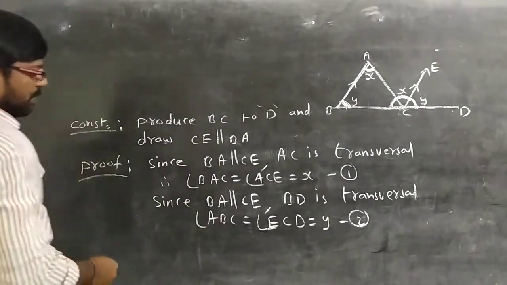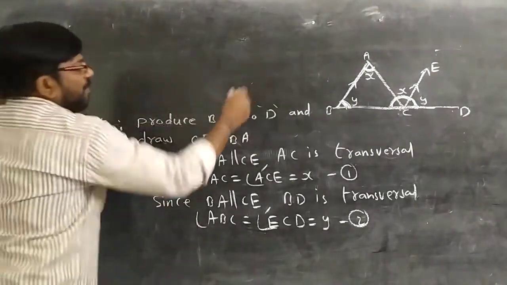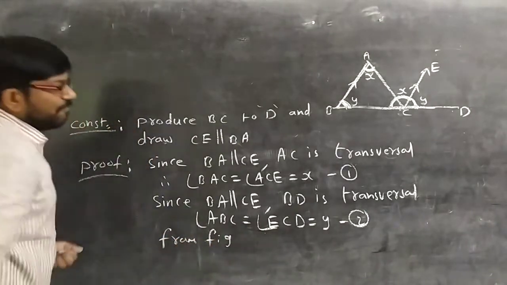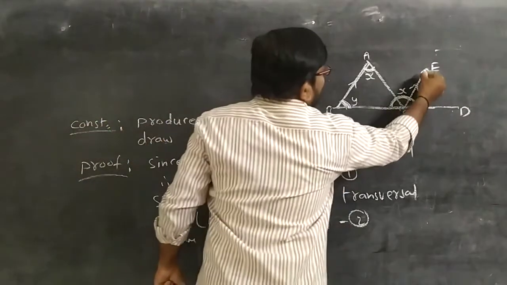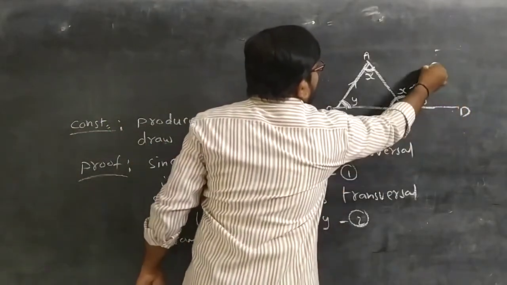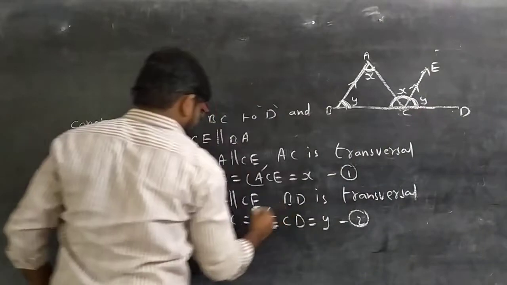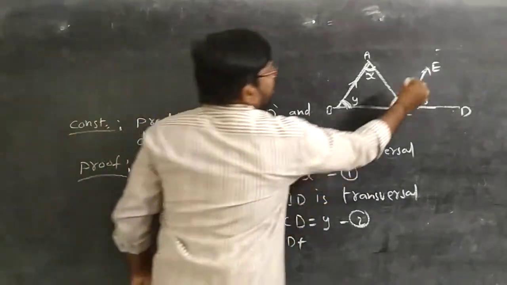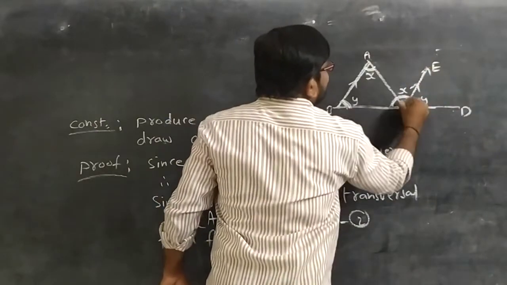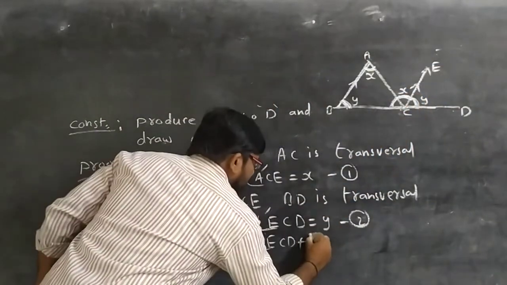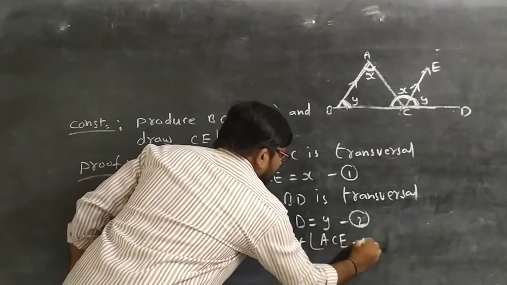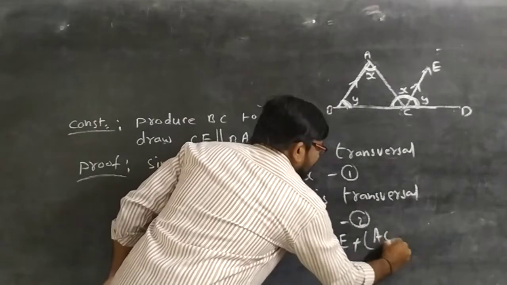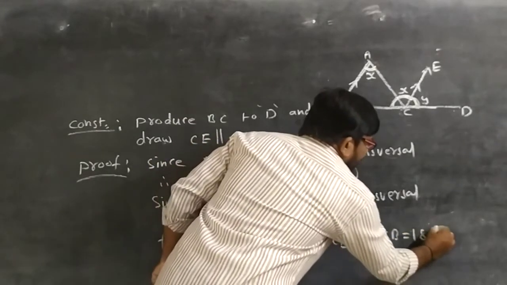So from the figure, observe carefully: angle ECD plus angle ACE plus angle ACB is equal to 180 degrees.